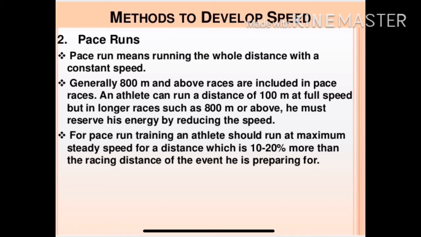An athlete can run a distance of 100 meter at full speed, but in longer races such as 800 meter or above, he must reserve his energy by reducing the speed. For pace run training, an athlete should run at maximum steady speed for a distance which is 10 to 20% more than the racing distance of the event he is preparing for.